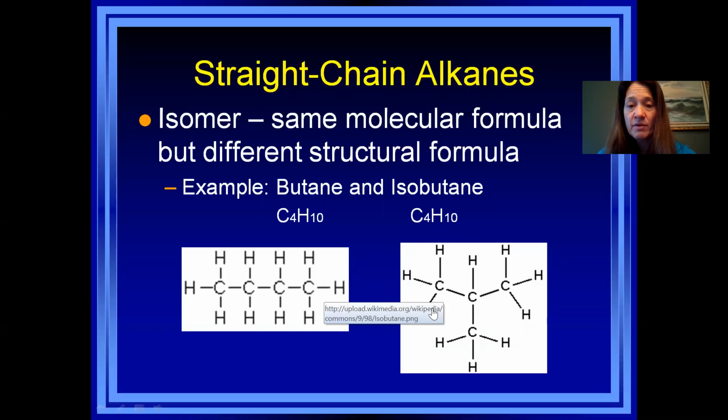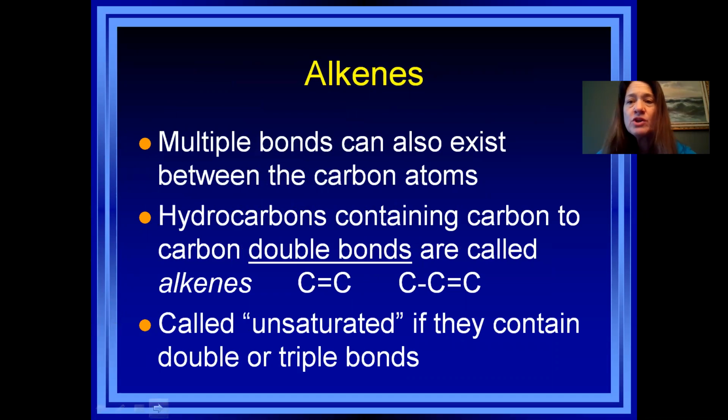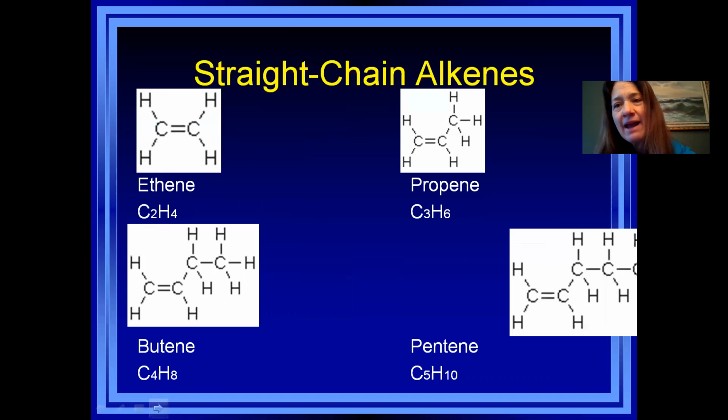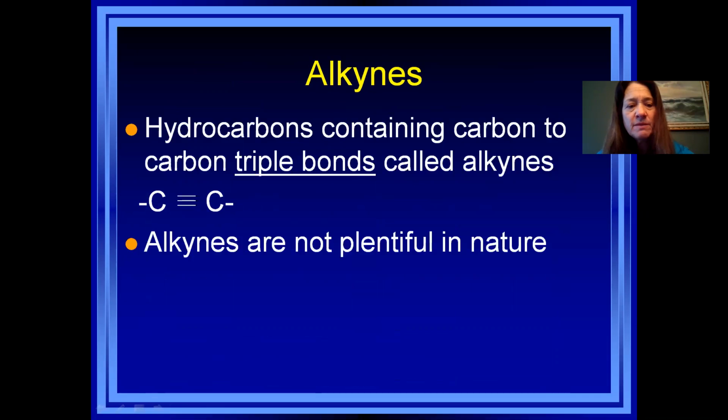And if we count the number of hydrogens, it's still 4 carbons and 10 hydrogens, okay? So we talked about alkanes, we talked about alkenes, we talked about alkynes, they're the triple bond, right? We talked about isomers.